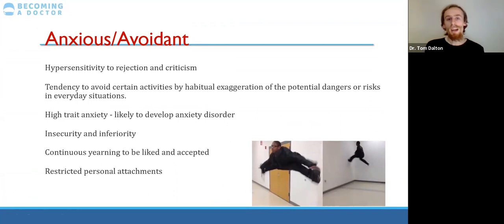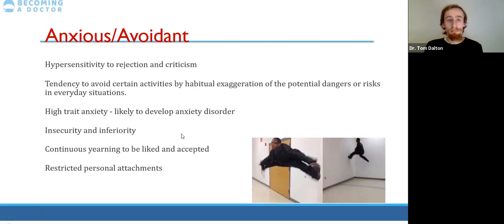And it's perfectly normal to have fairly high trait anxiety where you get really, really stressed about exams at the beginning of first year, or really low trait anxiety where you're like, oh shit, the exam's in 2 weeks, I should probably start revising. But I suppose the really severe end of really, really high trait anxiety would start to look like anxious or avoidant personality disorder. Yeah, so that's kind of what that is.